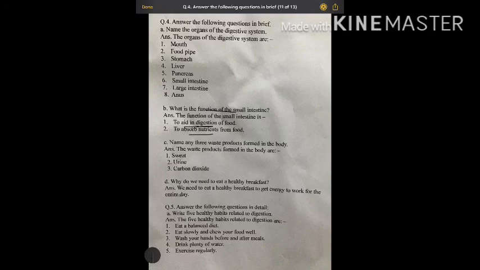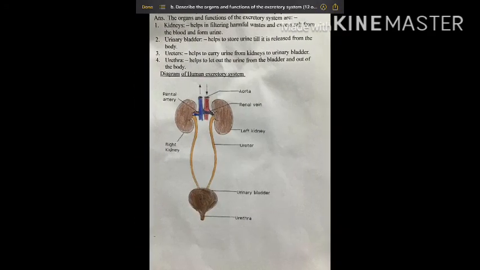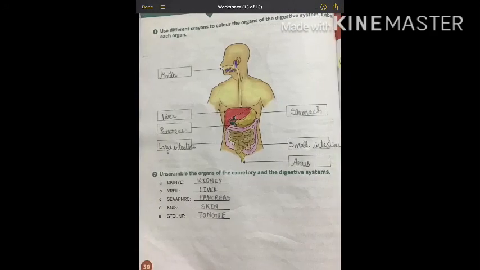Students, you can go through the question answers here like this. And here are the organs and the functions of the excretory system. Four organs are there. I have explained to you, and these organs and functions are written there, and the diagram you can practice. Very easy diagram I have brought for you. Then this is the last worksheet of your chapter.